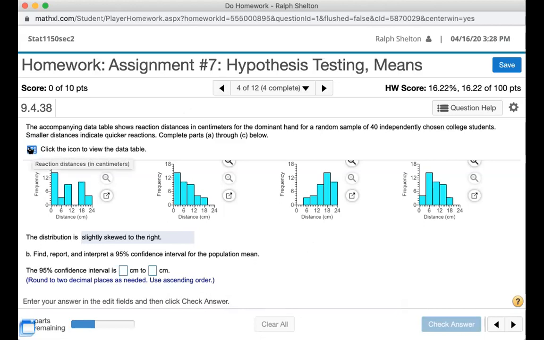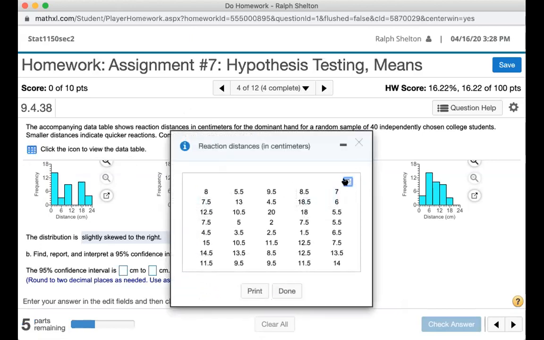I guess I got to click this again. We're going to get a 95% confidence interval on the population mean, okay? So I'll put it in StatCrunch. Stop share, share, select, reshare.